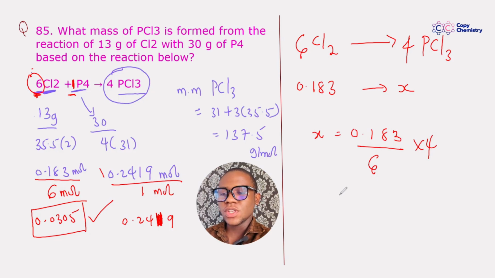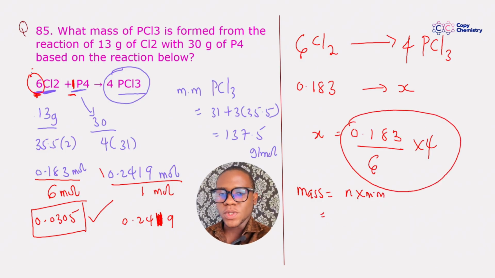All right, so that's just the amount of PCl3 that we have produced. So all we need to do is the mass would be number of moles multiplied by molar mass, and that would be whatever you get here multiplied by the molar mass. So let's do that real quick. Let's solve that first.